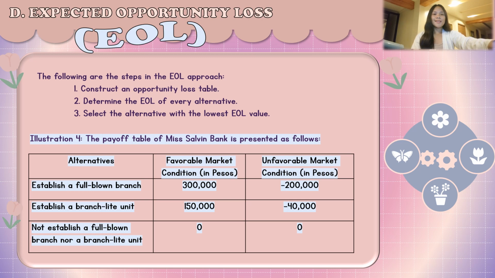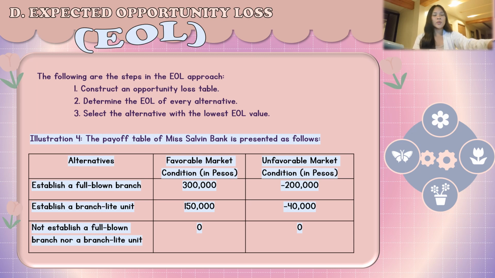We can see in this slide the payoff table of Miss Salvin Bank. The first column is the alternatives, second is favorable market condition in peso, and the third column is unfavorable market condition in peso. Establish a full-blown branch is the first alternative, which has 300,000 favorable market conditions and negative 200,000 unfavorable market conditions.